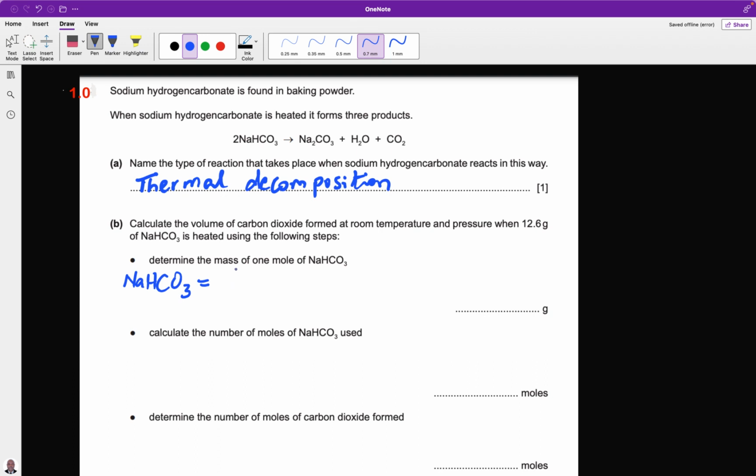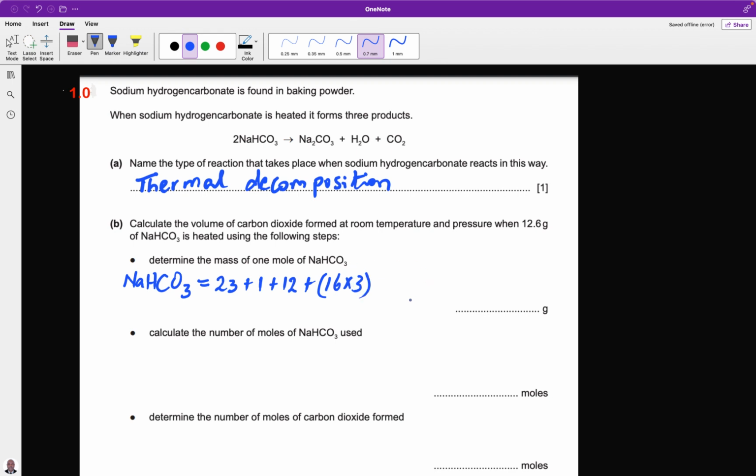Sodium is 23. Hydrogen is 1, that is plus 1. Carbon is 12, that is plus 12. Then oxygen is 16, but there are 3 atoms of oxygen here, so it will be 16 times 3.